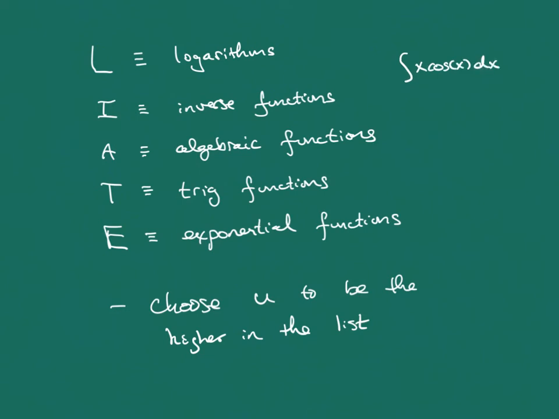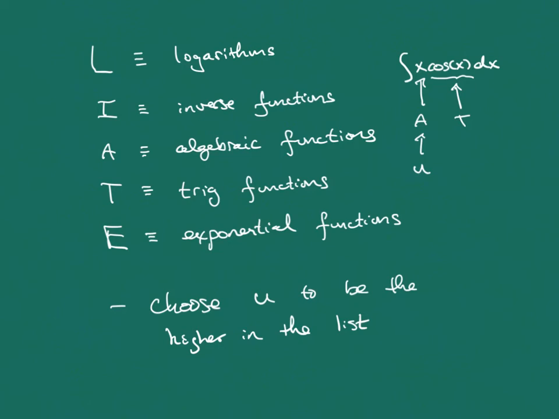Well, in this case, what we've got is an algebraic function in x and a trig function with our cosine of x. The x gave us an algebraic function. The cosine of x gave us a trig function. So algebraic functions come before trig functions, so that was the one we were going to use as our u in that case.